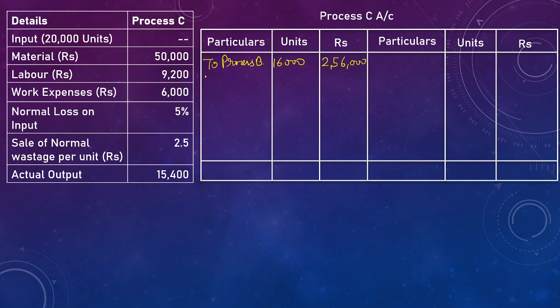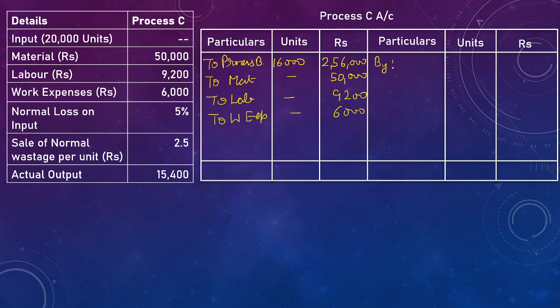The additional expenses here are material costing rupees 50,000, labor cost or the wages paid to the labor costing rupees 9,200, and the work expenses incurred in this process is 6,000 rupees. Now on credit side, first we have to write our normal loss.